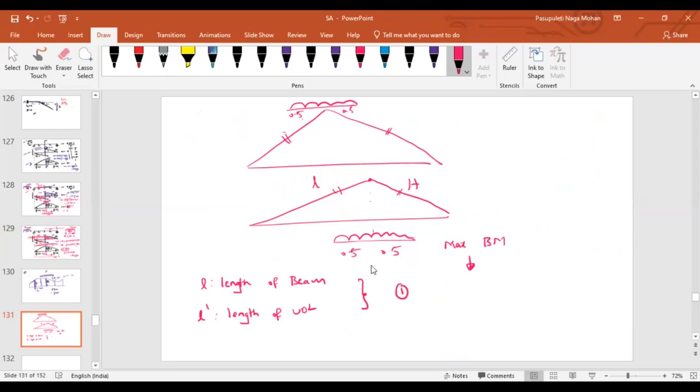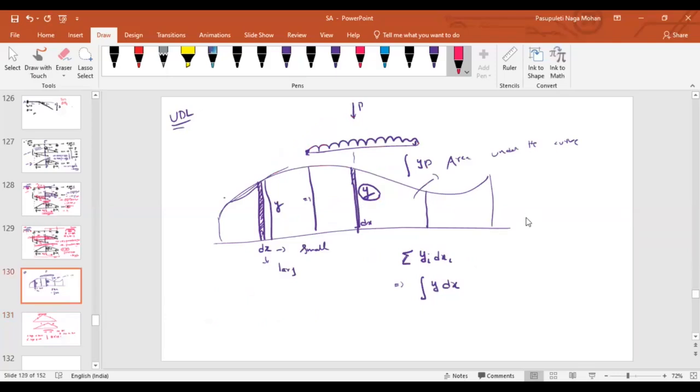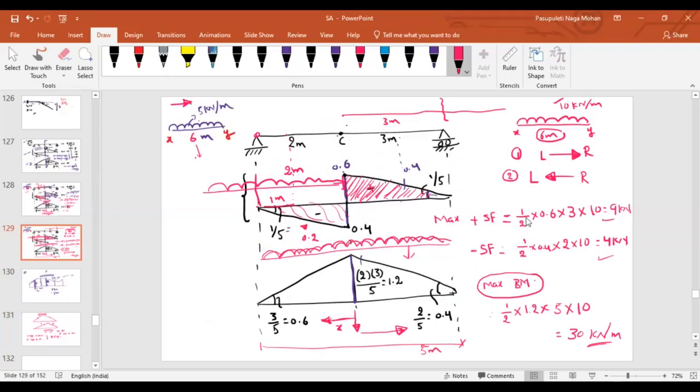The first condition I am discussing is L dash greater than L. That means the length of the UDL is greater than the length of the beam. If the length of the UDL is greater than the length of the beam, where do we have to place the load?